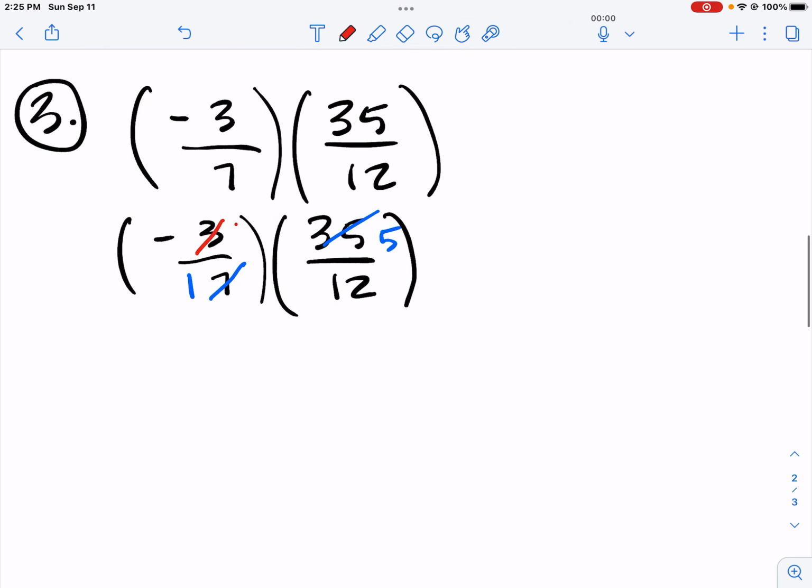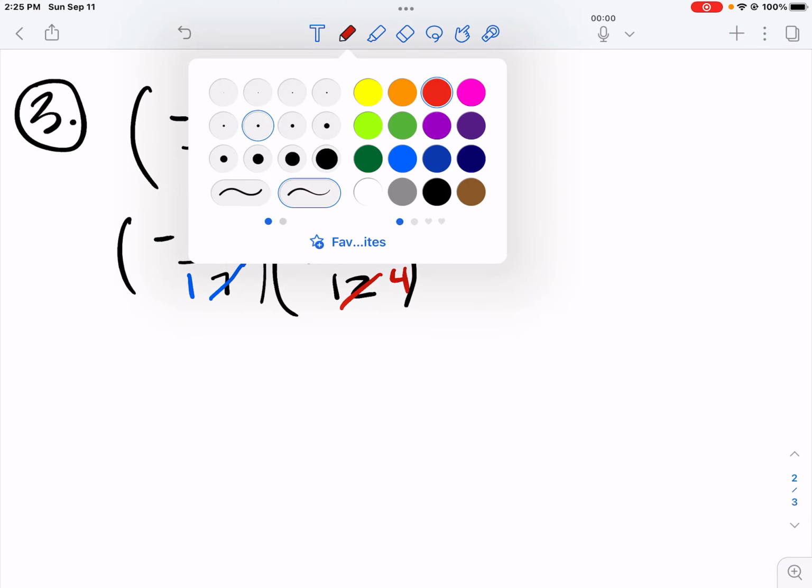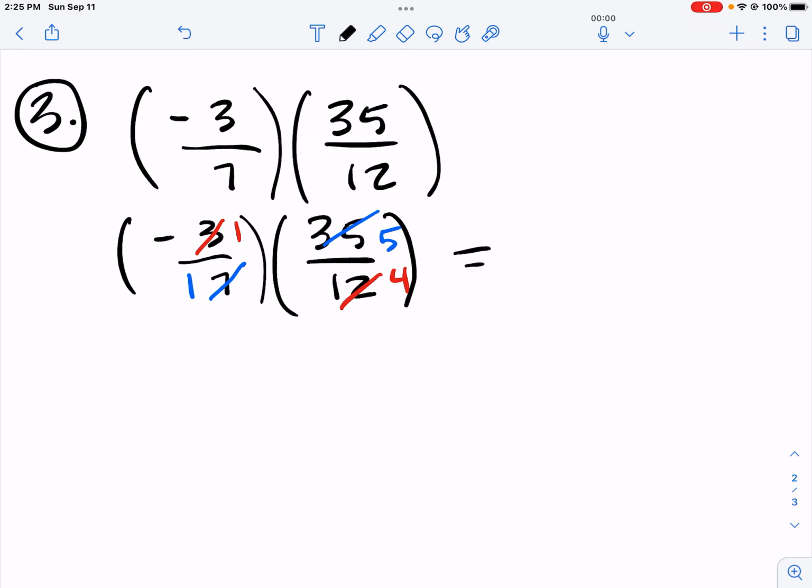Three divides into 3 one time. 3 divides into 12 4 times. A negative times a positive is a negative. Multiply the numbers that are there now. 1 times 5, 1 times 4.